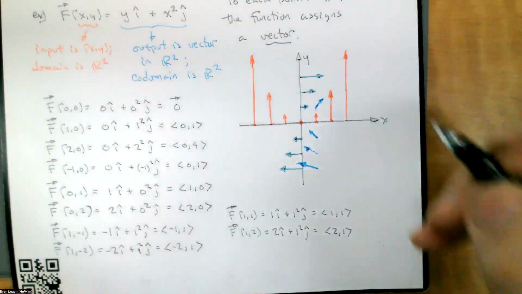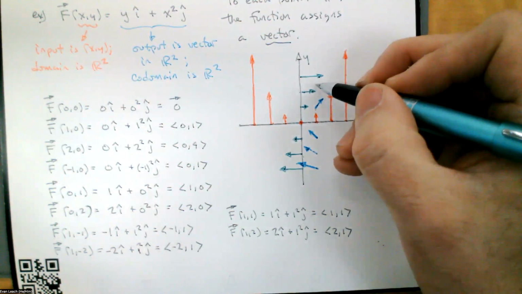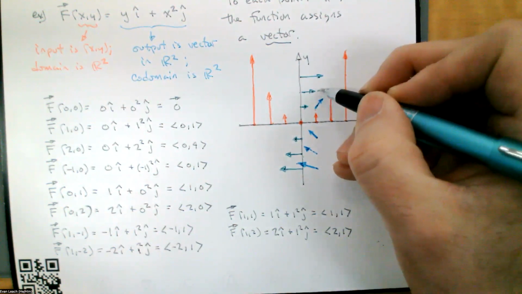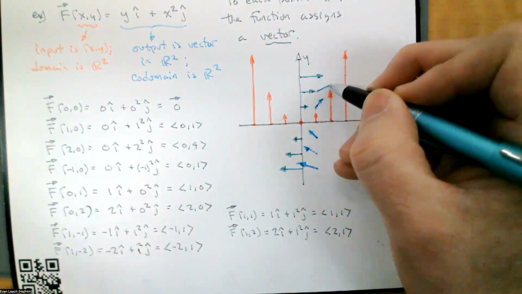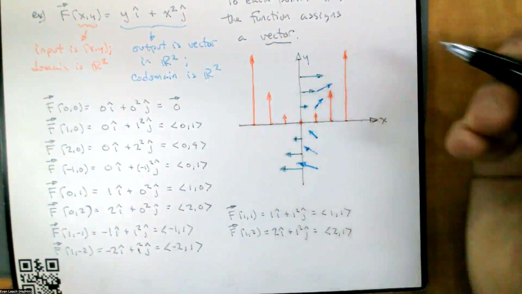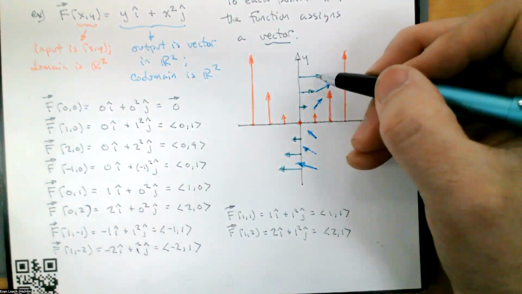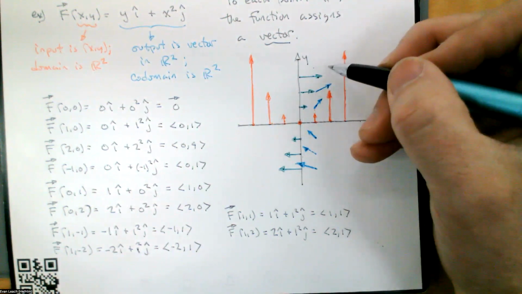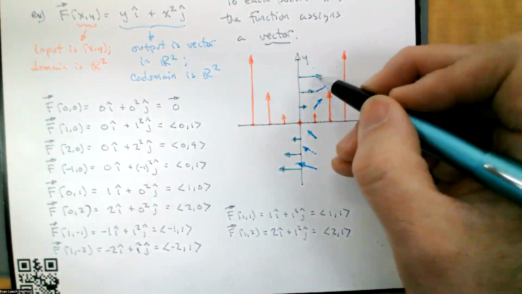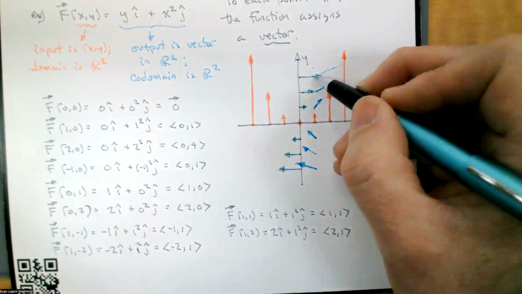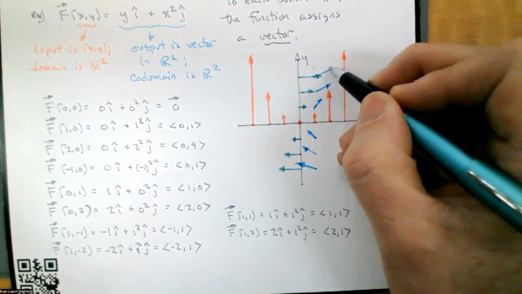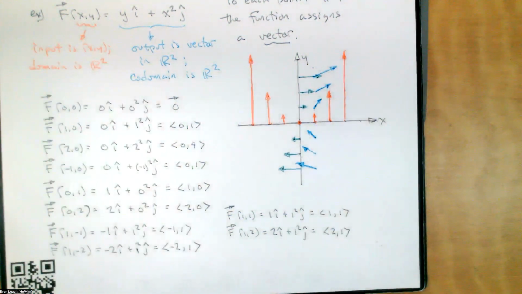So now I have a slope of 1/2. And then at 3, 1, we'll have a slope of 1/3. And it gets messy because my vectors are all overlapping.